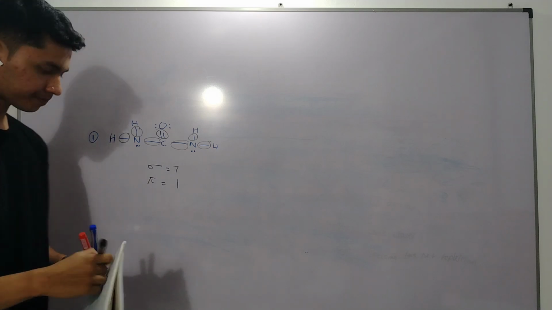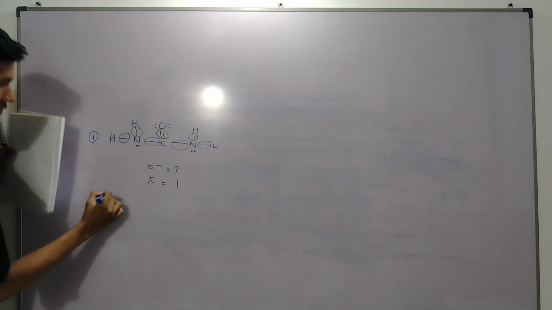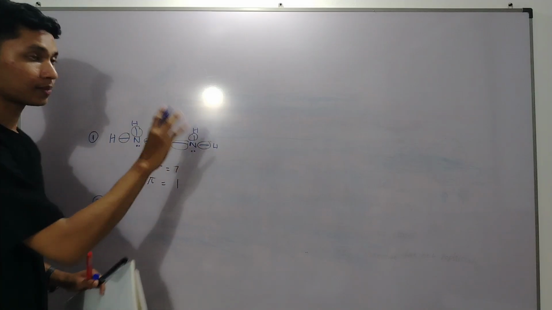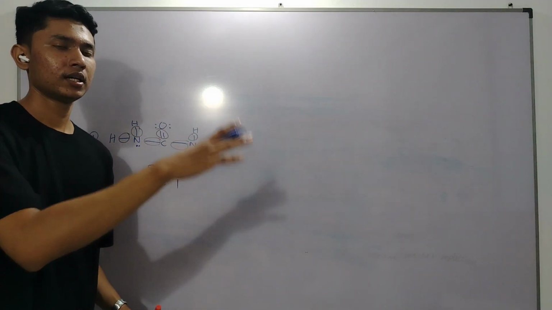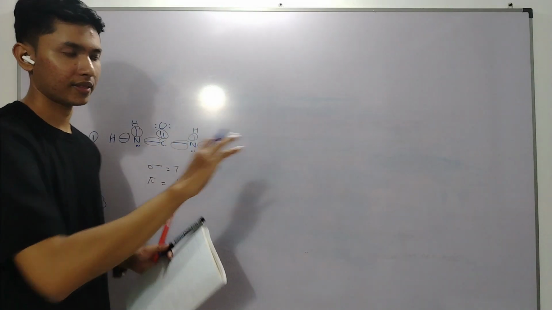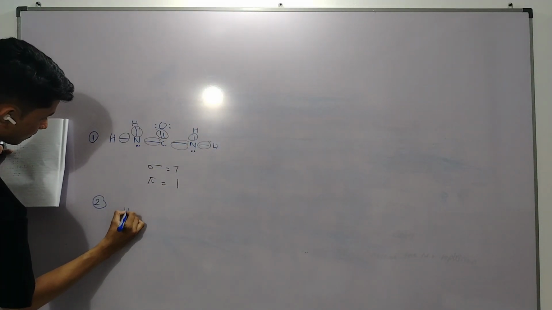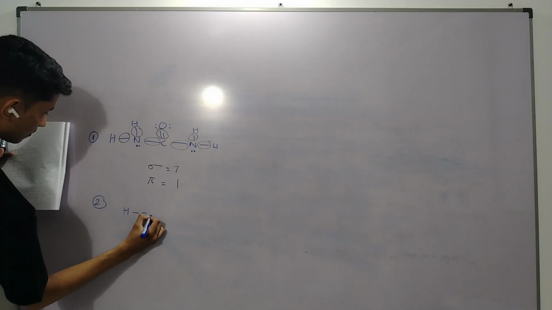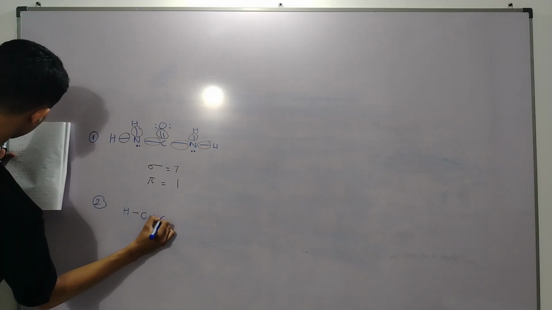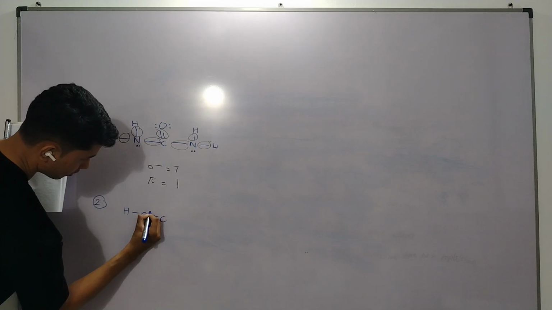Okay. So the second question: write this molecule first, pause the video, try to think, and then look at the answers. Then the next one: there are 3 bonds here.